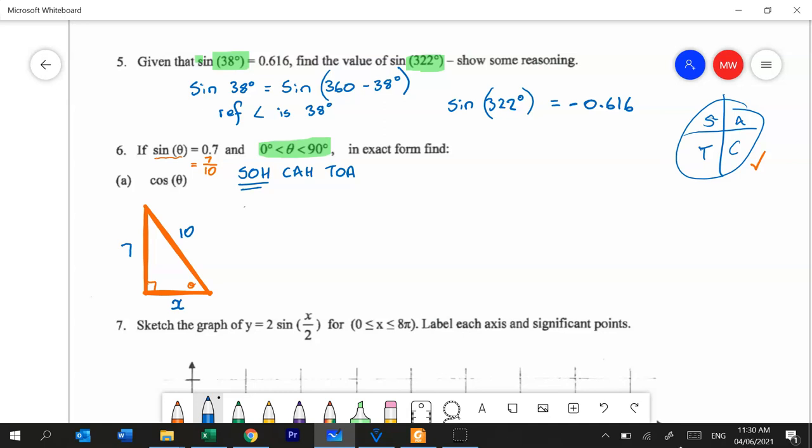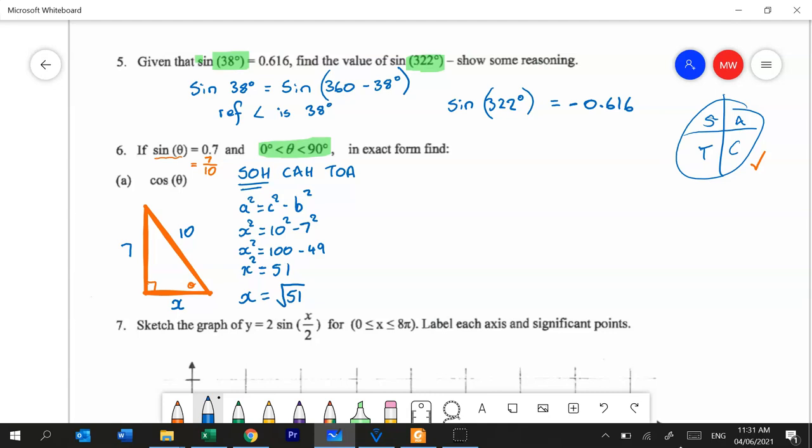Using the formula a squared equals c squared minus b squared, I've got that x squared equals 10 squared minus 7 squared, which is 100 minus 49. So if x squared is 51, that means that x is the square root of 51.